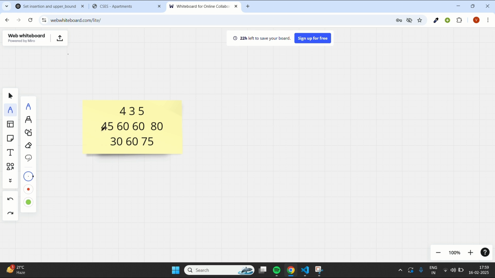First customer is asking for size 45. That means he will accept anything between 40, this is the lower range he is accepting, and this is the highest he is accepting. He will accept anything between 40 to 50.